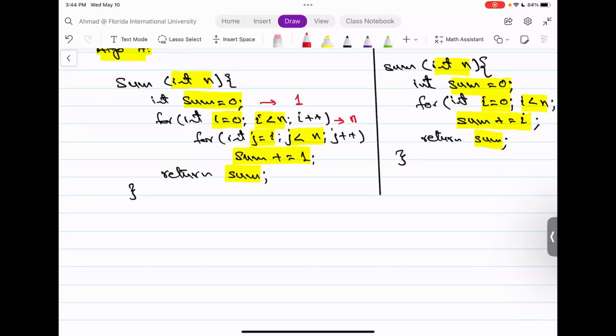And now, what are we doing in this loop? We are basically performing three things. First of all, we are assigning 0 to I, which is just one time only. When the loop starts, this 0 will be assigned. After that, in every iteration, we are adding 1 to I, we are incrementing I, and we are comparing it.